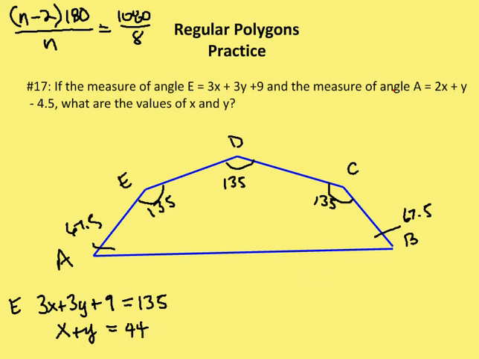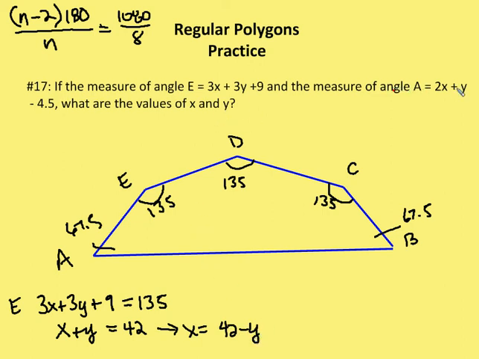Let's just double check to see that we're correct. Okay, no, it's not 44, it's 42. So if I subtract 9 from 135, I get 126. 126 divided by 3 is equal to 42. So glad I'm catching this error now, which means that x is equal to 42 minus y.